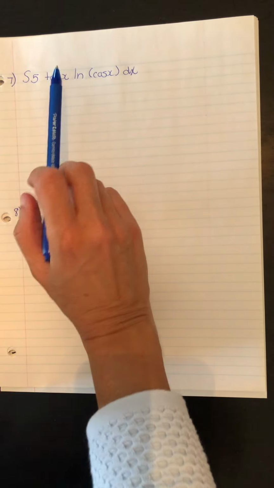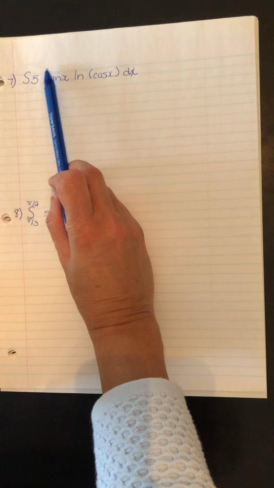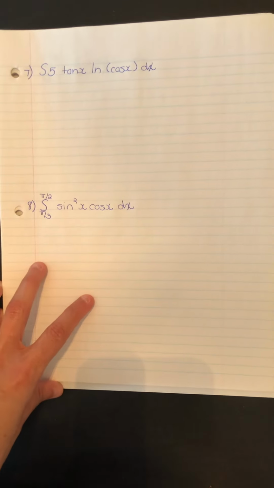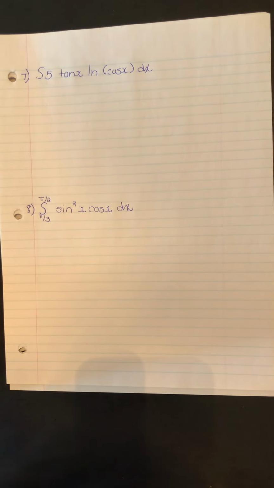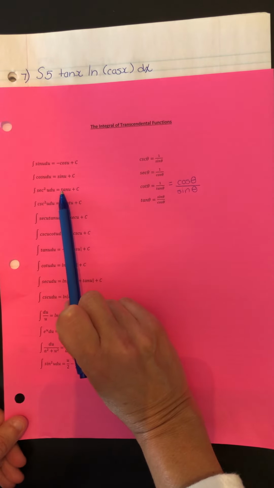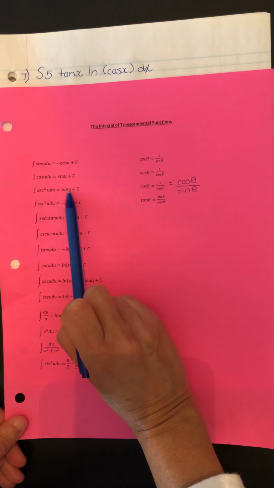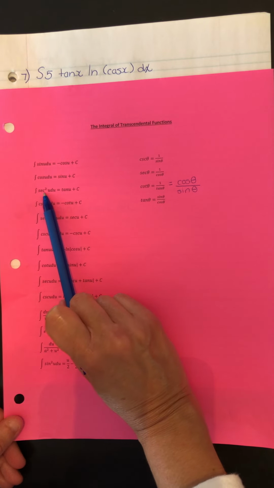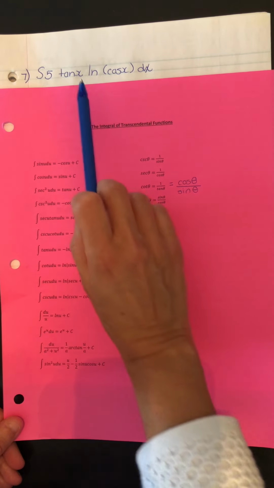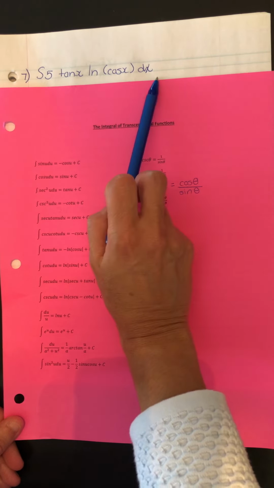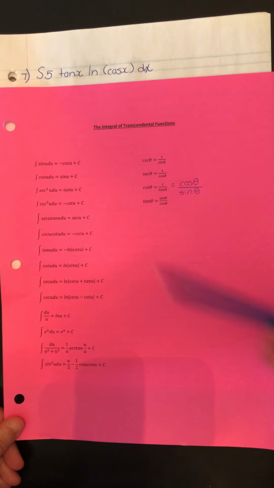If you start by calling tangent of x your u, then you'd need to know what the derivative of tangent of x is. To read the derivative of tangent of x, you look for it here and read it this way. The derivative of tangent of x is secant squared of x. That is not present in here. So that is how you know calling u tangent of x will not work.